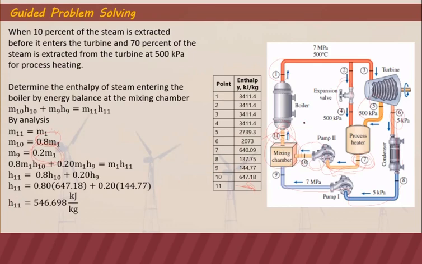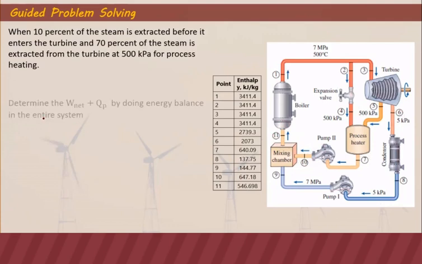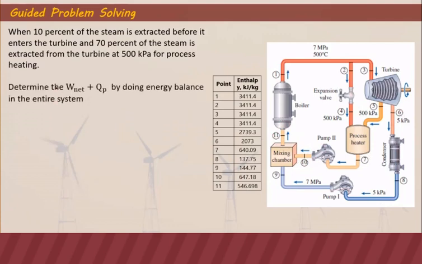So now that we have H11, we can calculate, by energy balance of the entire system, the work net plus QP. So for the entire system, the energy entering is the Q in the boiler plus the work of pumps 1 and 2.